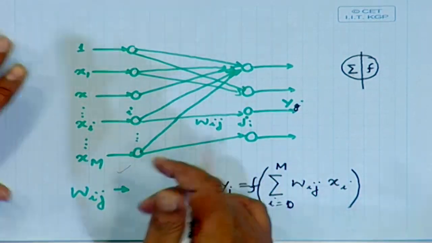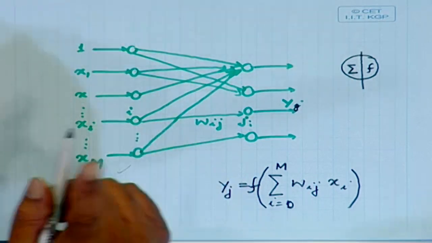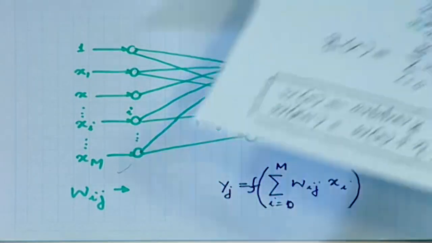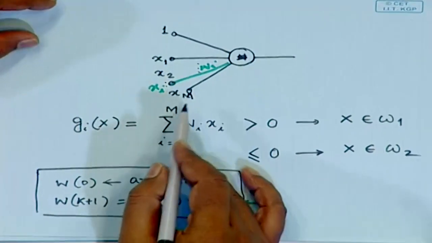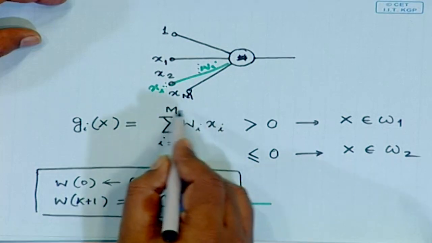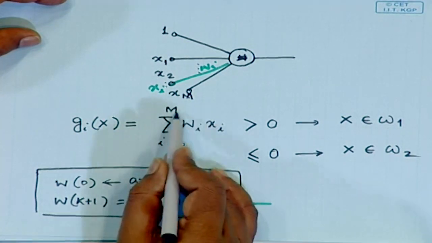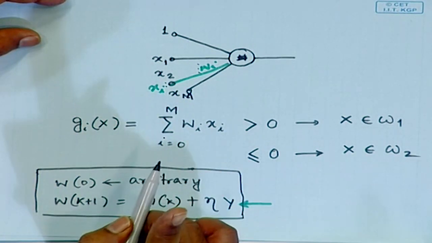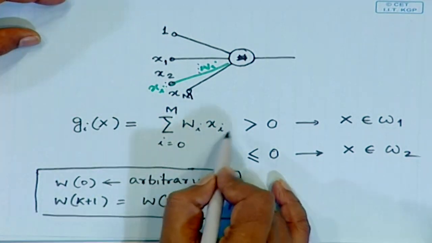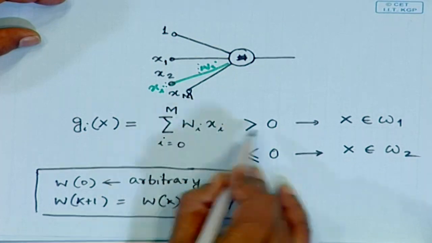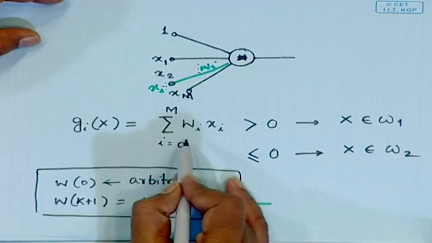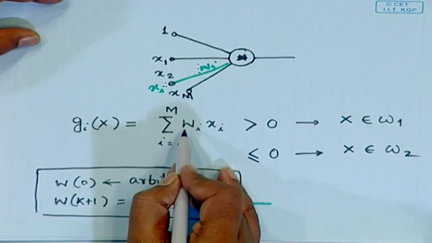Because this question has come, let me clarify this. In the case of this single layer, single output neural network, I get a linear equation of this form. This linear equation is the equation of a single straight line. If the value is greater than 0, it means the point lies on the positive side of the straight line given by this equation.